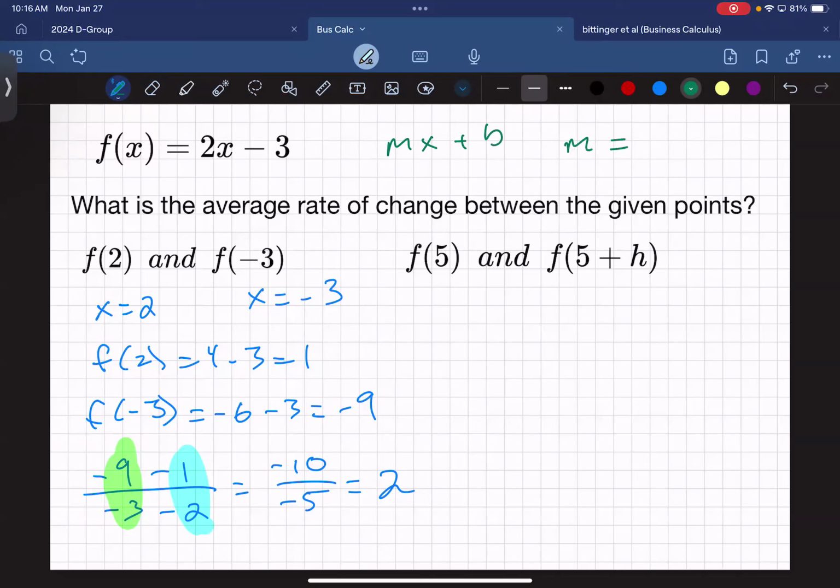The m is our slope, right? We're going to build towards why we call it the slope. Now, if you remember from your college algebra class, when we look at the average rate of change of any points, we're going to get 2. Okay. So let's try that out with 5 and 5 plus h just to see what happens.